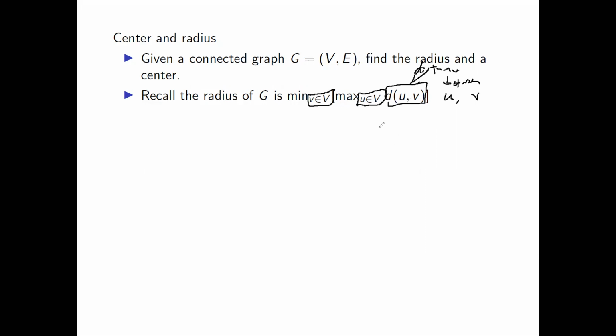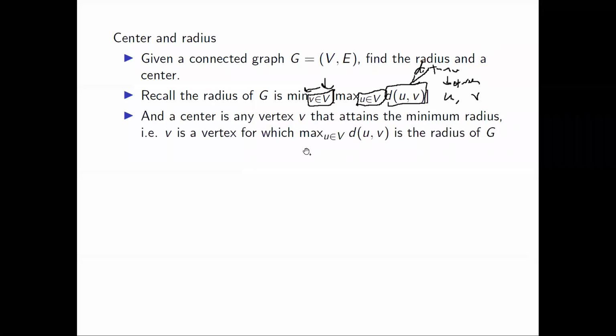It's possible that we might have just one vertex V that attains this minimum, or we might have multiple. Any vertex V that attains that minimum is called a center, and it's called a center, not the center, because we could have multiple centers.